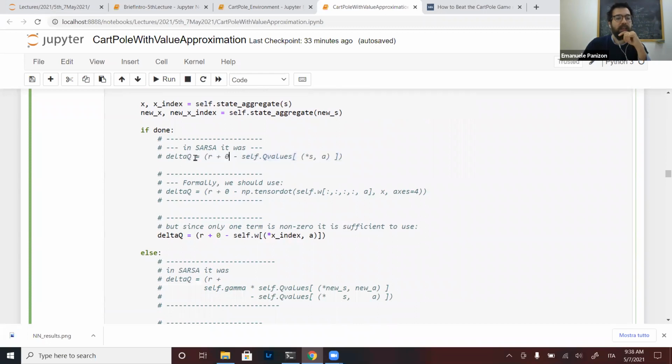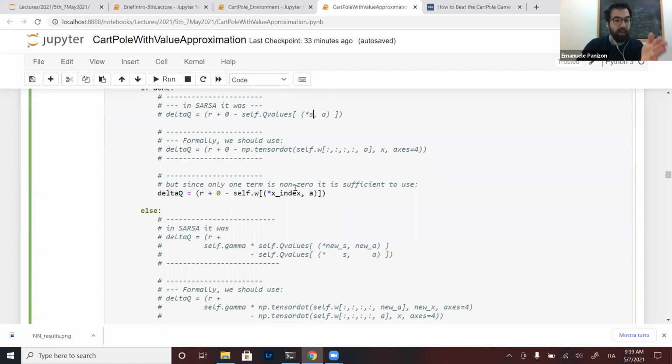So where at the beginning I had delta Q as the reward minus the value, formally I should do that delta Q is the reward minus the dot product of the vectors X and W, element by element, which in Python is this strange thing, tensordot, which means it sums over all the axes. Instead of doing that, I just do delta Q equal to R plus 0 minus the weight at the position of X index. And you can see that this formulation and this formulation are essentially the same, but I'm not working in the space of S, I'm working in X.